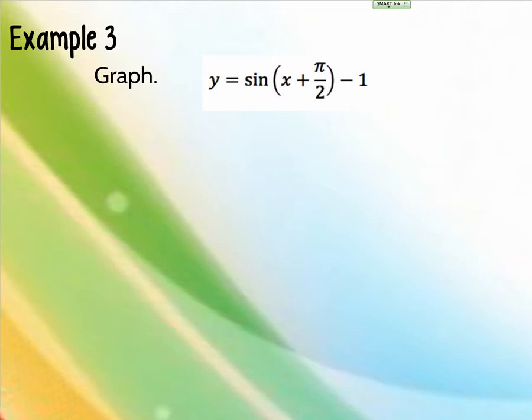No, the outside stays the same as the inside. It's opposite. So this one's going to move us down 1. So then our principal axis will be at -1. That'll be like the line down the middle. And this, instead of being plus, we think it's actually going to move us left. So it's going to move us left pi over 2.